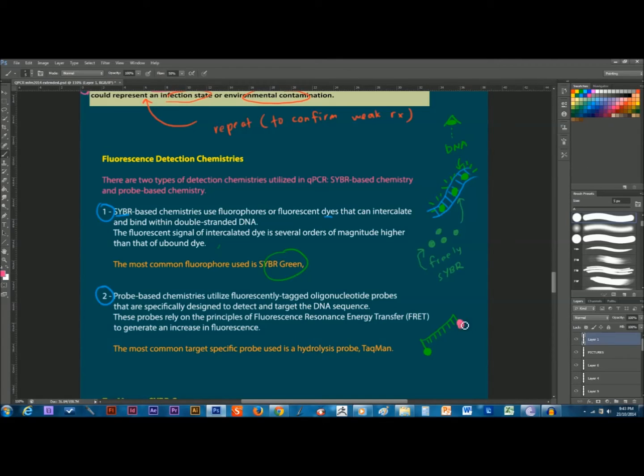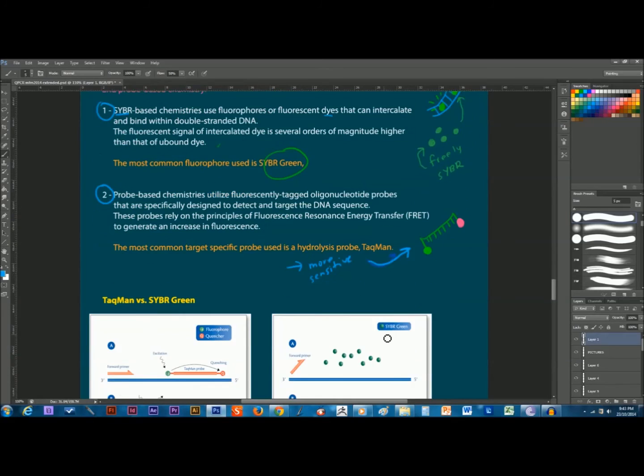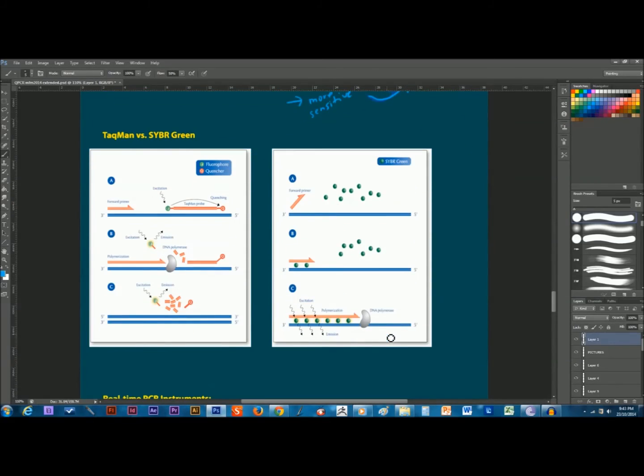The most common target-specific probe used is a hydrolysis probe, the TaqMan. Between SYBR Green and the hydrolysis probe, the hydrolysis probe will give more sensitivity as compared to SYBR Green. So let's look at the diagram here showing how TaqMan and SYBR Green work.